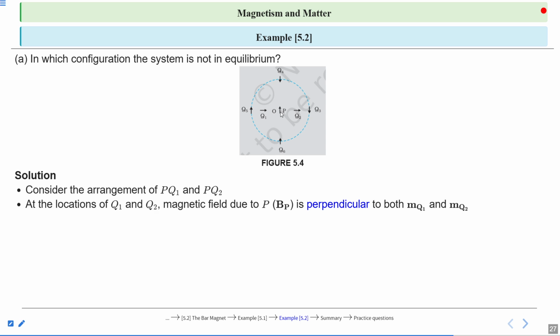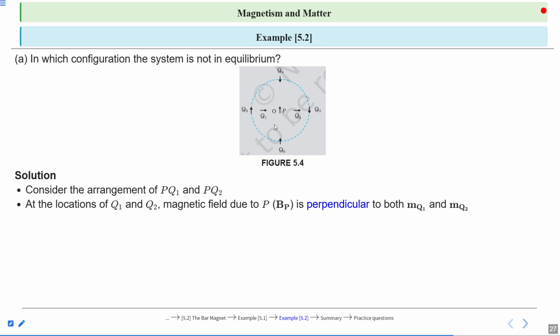The magnetic field produced by P at the locations of Q1 and Q2 will be perpendicular to the magnetic moment of Q1 and Q2, so it will not be in an equilibrium state. At the locations of Q1 and Q2, the magnetic field due to P, that is BP, is perpendicular to both MQ1 and MQ2, the magnetic moments of the Q1 and Q2 needles.